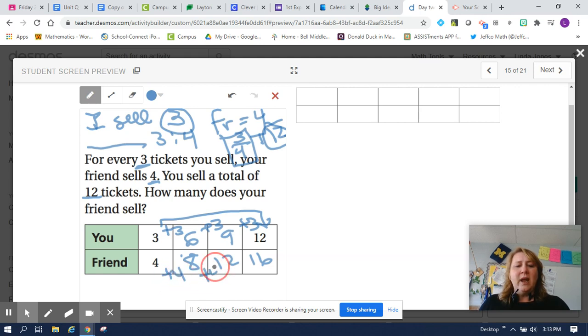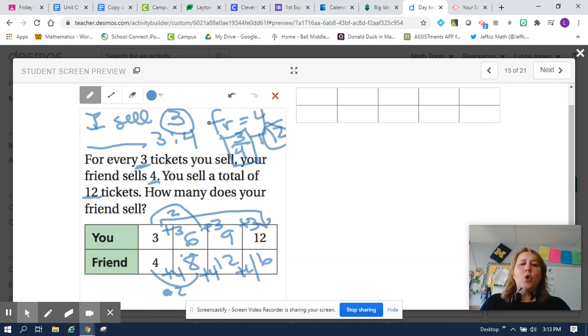So that's another way that you can look for a pattern. If you're adding the same thing each time, or if you're multiplying by something to get to the next spot. What am I multiplying by to get from 3 to 6? I'm multiplying by 2. Did I multiply by 2 on the bottom to get from 4 to 8? I did. Also multiplied by 2.